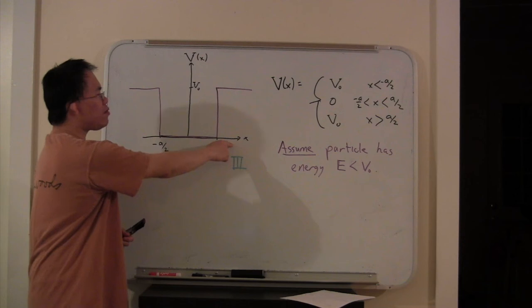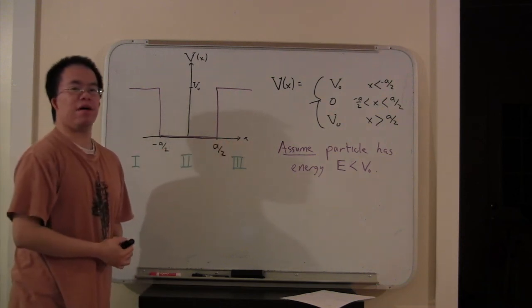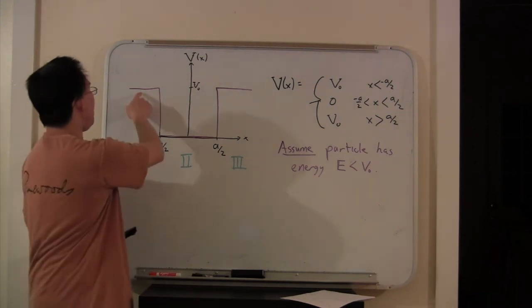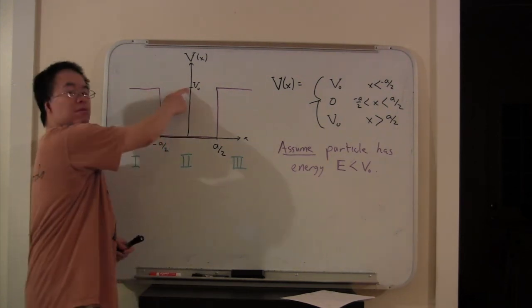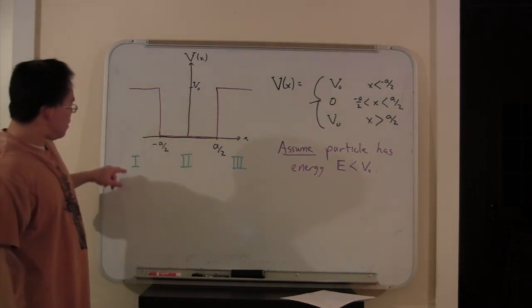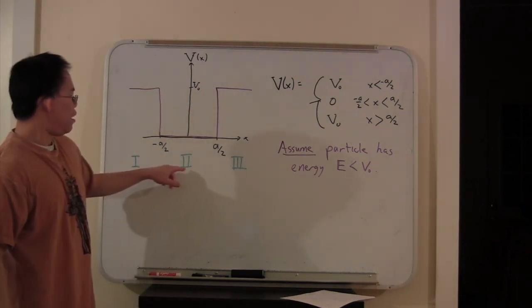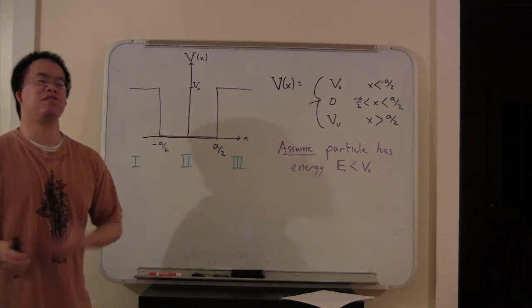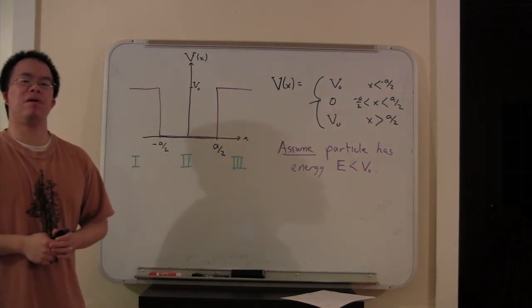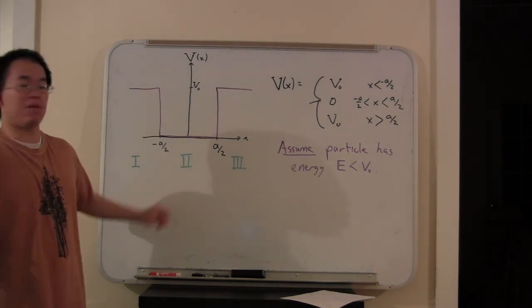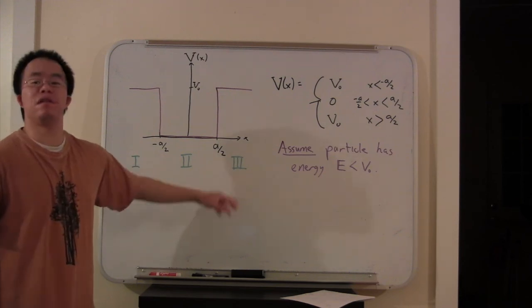However, this time outside the well, the potential energy is not infinite, but rather has a finite value V sub naught. I've labeled these three regions 1, 2, and 3, just because that will help us when we organize our math later on. So region 2 is inside the well, regions 1 and 3 are outside.